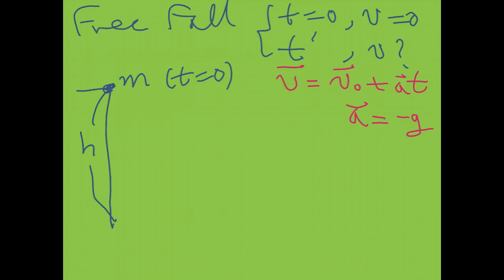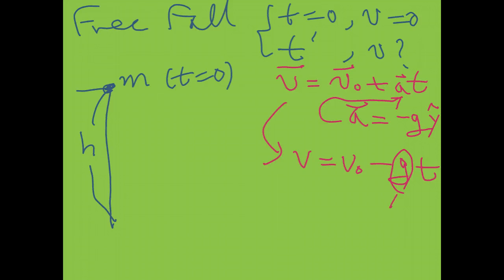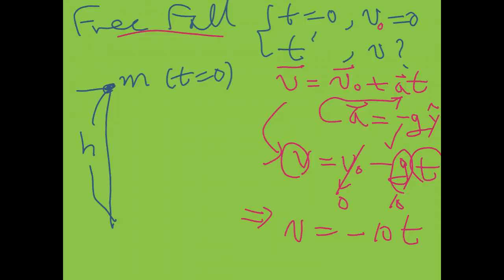If you plug this a in, this becomes v equals v naught minus gt. g is 9.8, or approximately 10. Since it's a free fall, v naught is 0, so the only thing we need to worry about is the one-to-one correspondence between v and t. Therefore, we get v equals simply minus 10t.